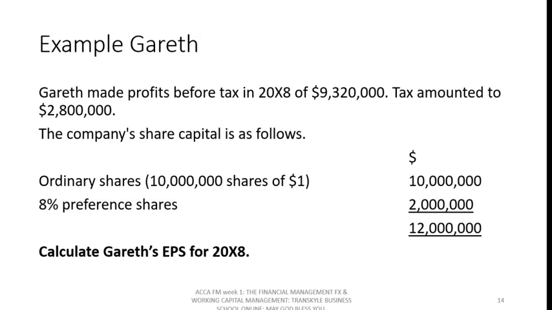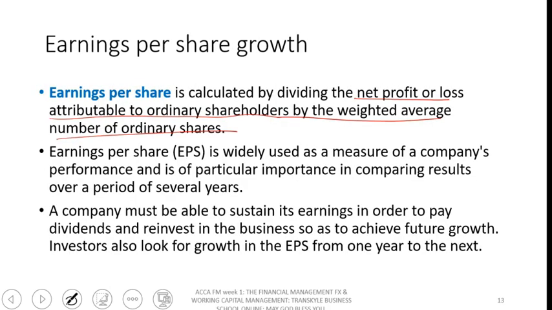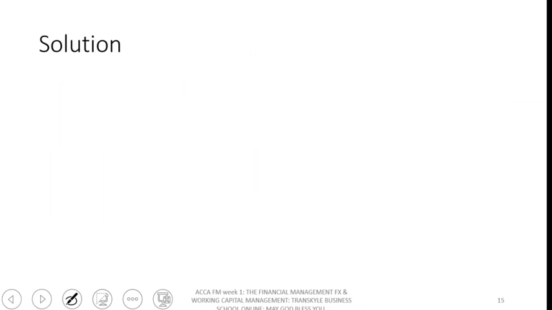So we come here. Remember, the formula of EPS was net profit or loss attributable to ordinary shareholders divided by the weighted average number of ordinary shares. So, what was our profit before tax?